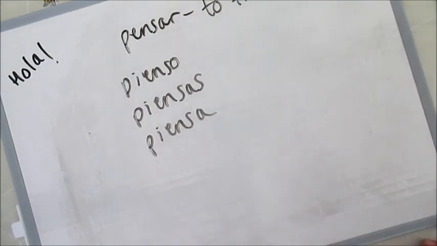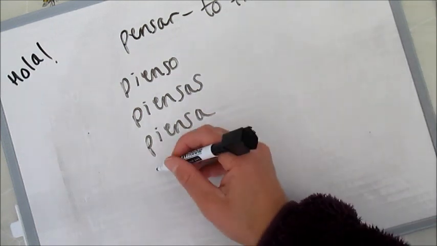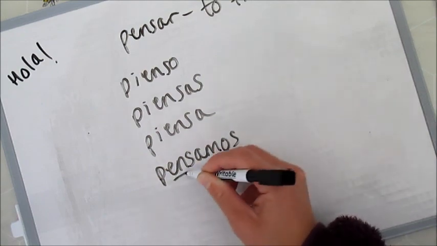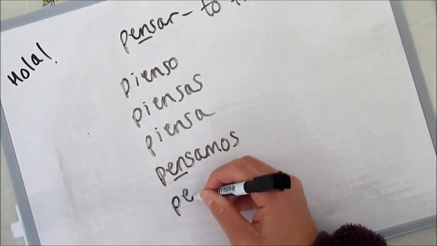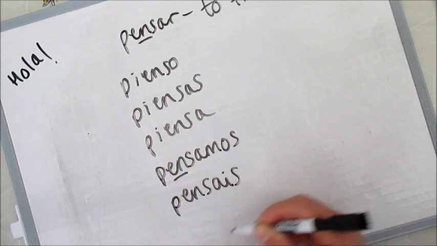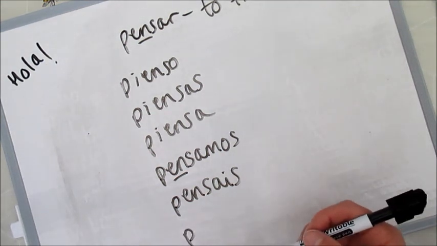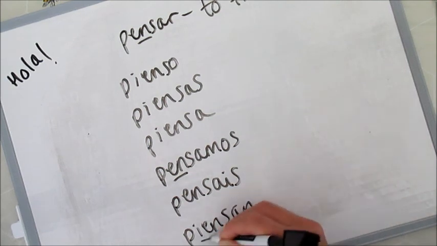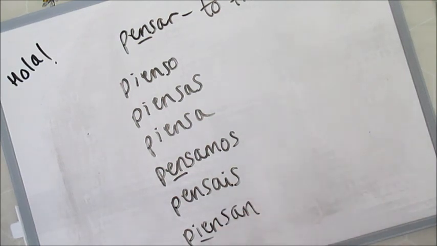And then before I write this, just say to yourself, what do you think is going to happen with the we form? So what's going to happen is it goes back to this pens. So we've got pensamos. Same with the you all. So pensáis. And then for the they form, what do you think is going to happen? Yep, it's going to be piensan. So it goes back to this PIE.